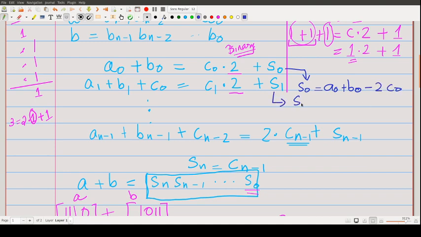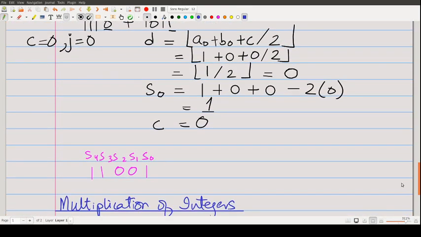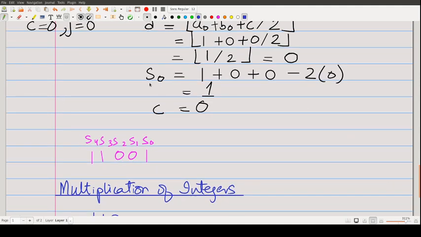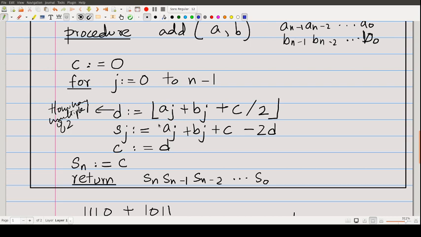Similarly, for s1, you will have to do a1 plus b1 plus c naught minus 2 times c1. The d that you have is actually a stand-in for your current carry. So for sj, you will subtract 2 times the current carry, and then you will set the carry to be equal to d in this step. And outside the loop, Sn equals to c.